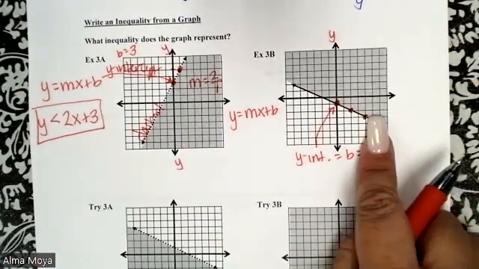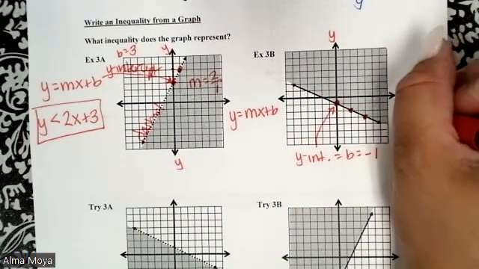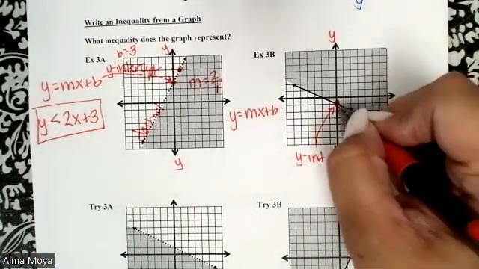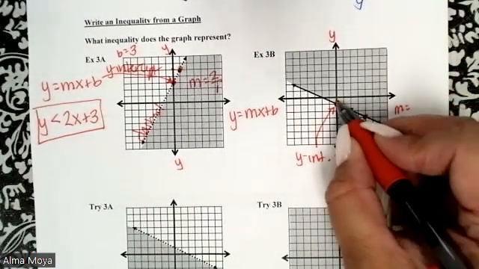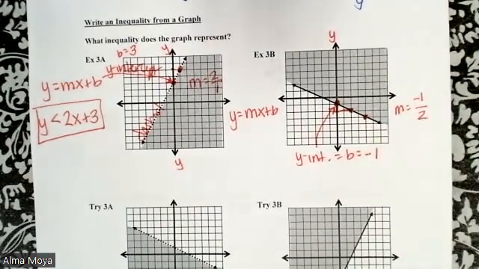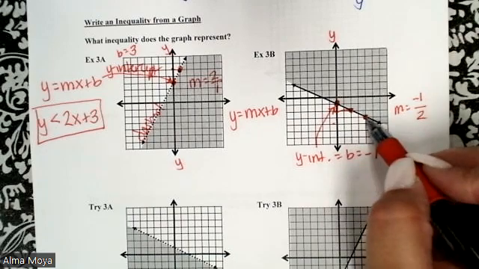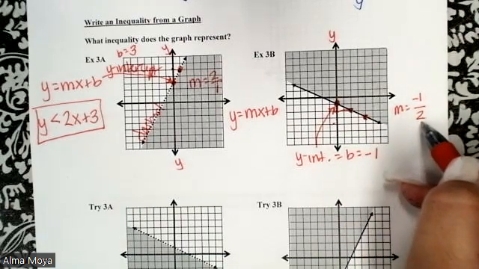Even if you pick right here, that's okay, because it will reduce to this one. Right here on the m, you are going down 1 over 2. Even if you went down 2 over 4, that reduces to -1/2.